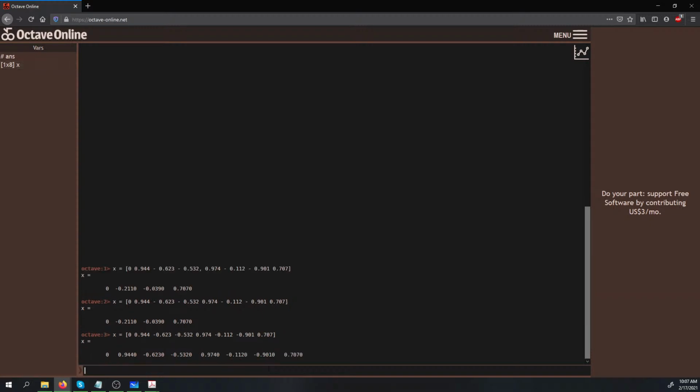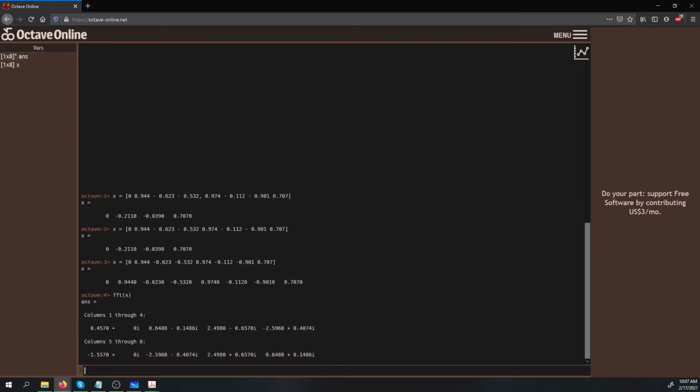Alright, there we go. So I have my x vector here from the question, and I can just call FFT of x. I'll get my end result here as required for my FFT of the entire signal. So because I have the end result here, I can just put that end result in accordingly onto my diagram.